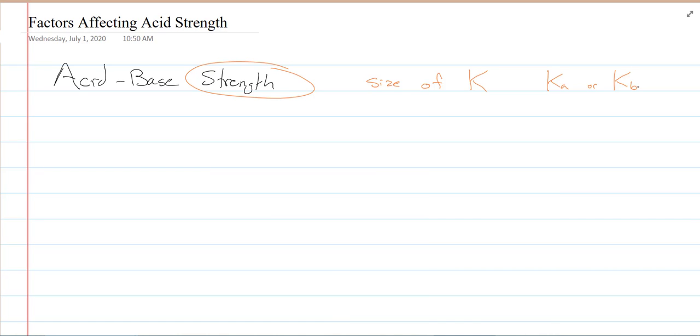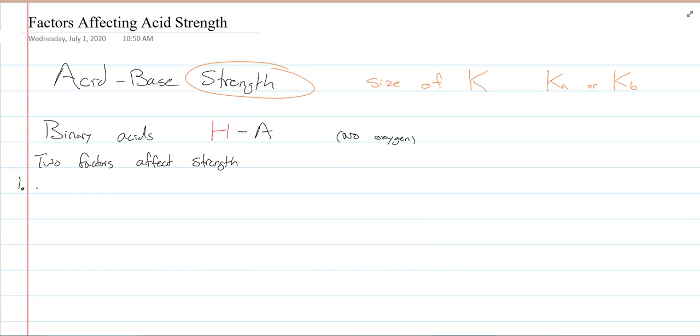So when we talk about acid strength, binary acids first. What are binary acids? This is where H is bonded to A, HA. No oxygen. Two factors affect strength. The first factor will be bond polarity.